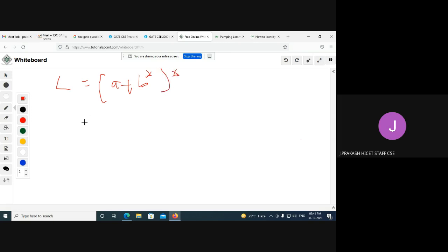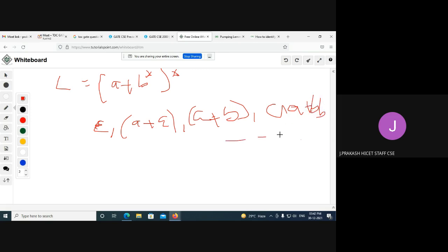So expand this. First epsilon, because we are having whole star, then a plus epsilon, then a plus b, then a plus b b. It keeps on going like this.